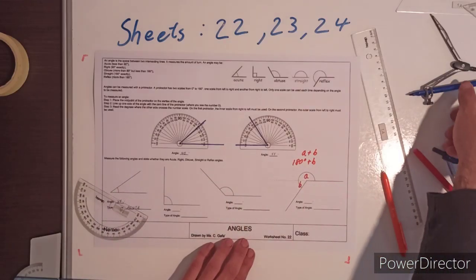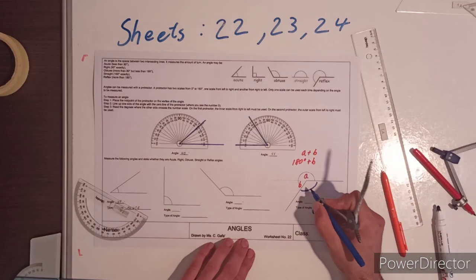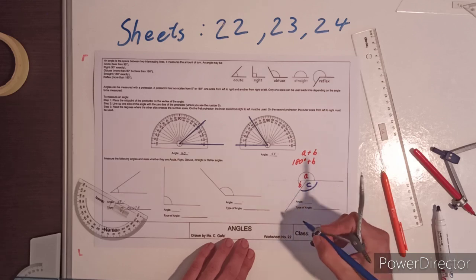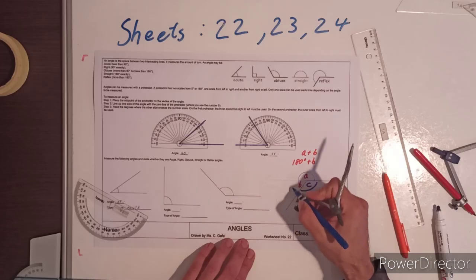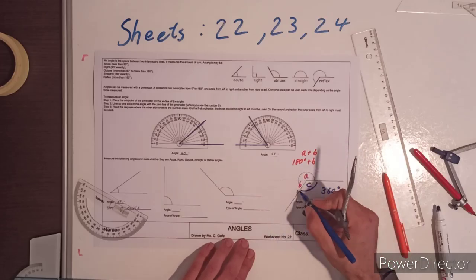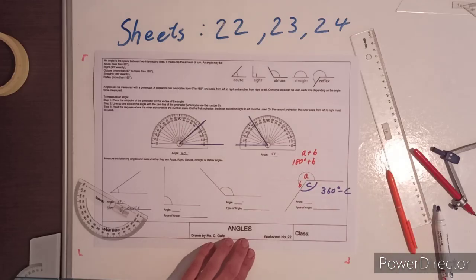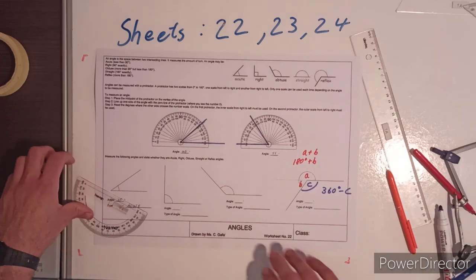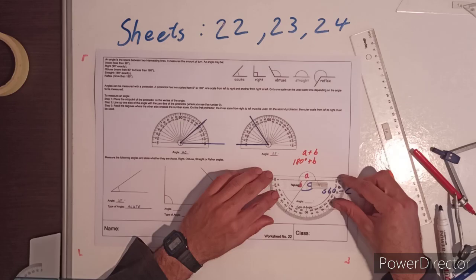Another way of working this out is by adding this angle. So we have this angle, let's call it C. If I do this, I take 360 degrees, which is a full circle, and I subtract C from it. That's going to give me my answer. It's going to give me the same answer I got here. So all you have to do, take the protractor, align it in place.